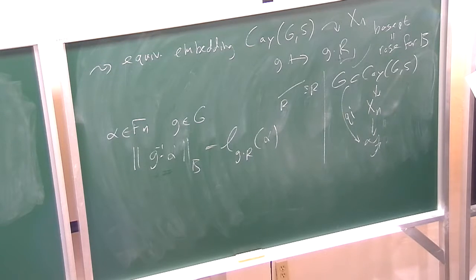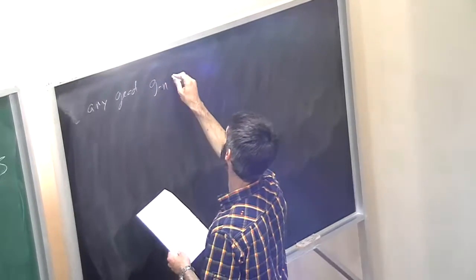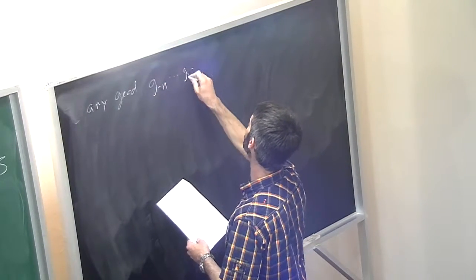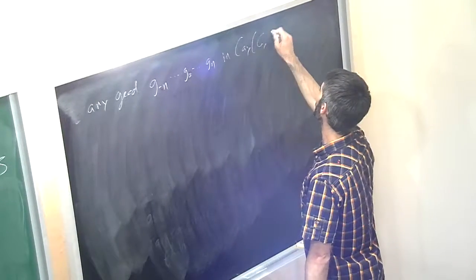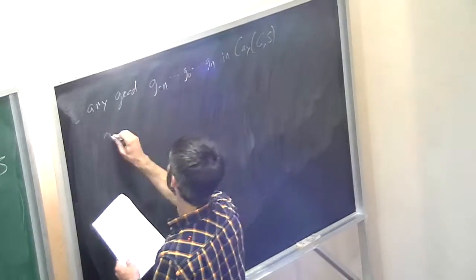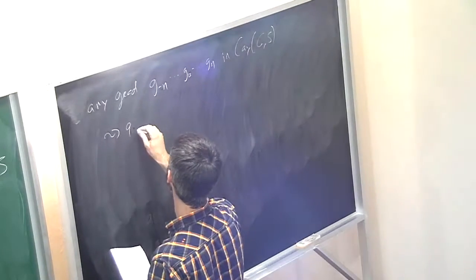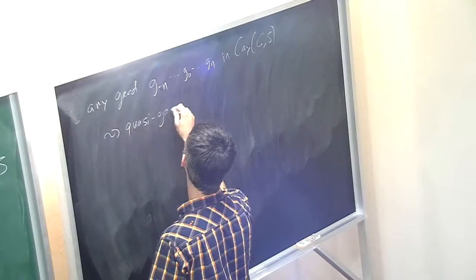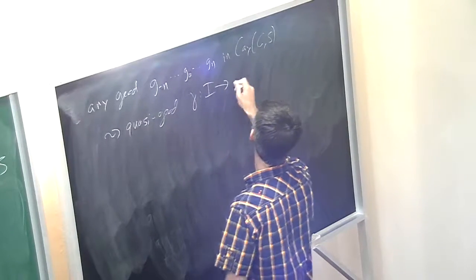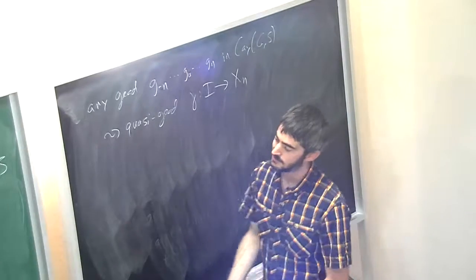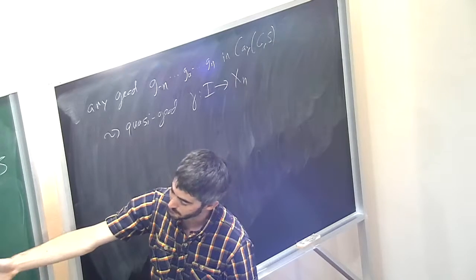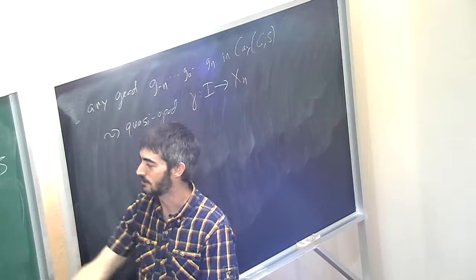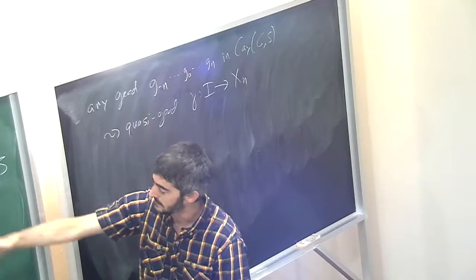Okay? So this says that any geodesic, these are the things that we cared about long ago in the flaring condition, in the Cayley graph, projects to a quasi-geodesic. I'm going to call it this way, in outer space, because if this map is a QI embedding, the map into Xn also has to be a QI embedding, because this map is Lipschitz. So anyway, the embedding of the Cayley graph into Xn is also a QI embedding.